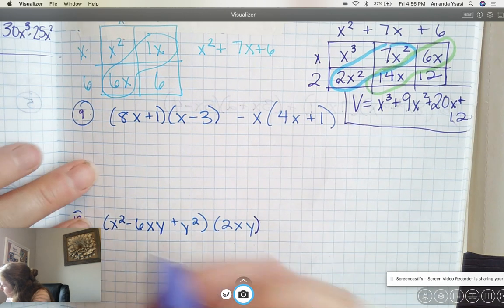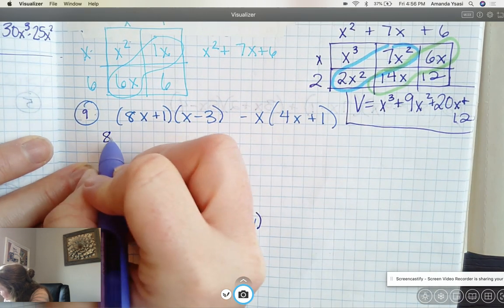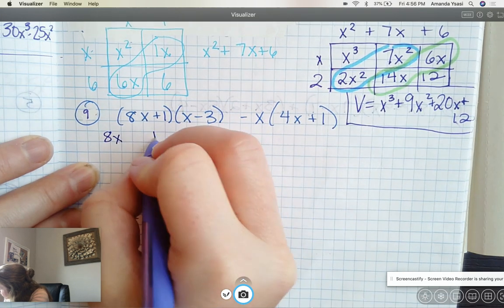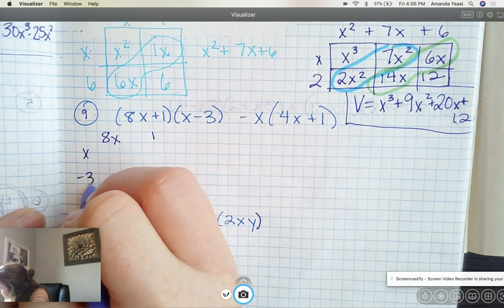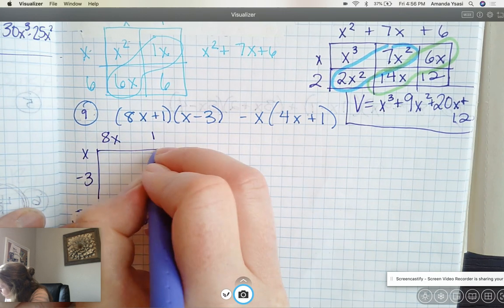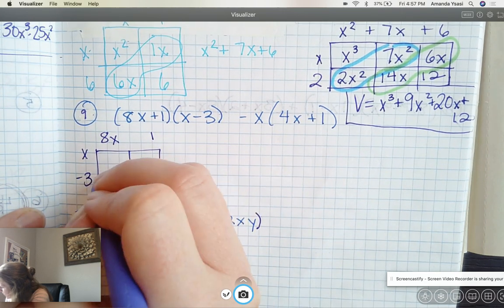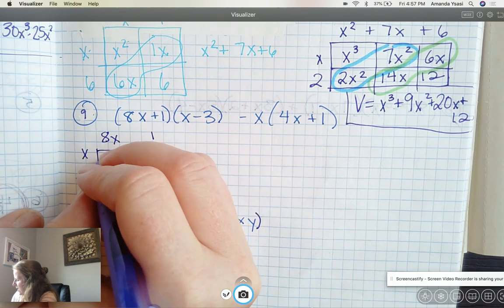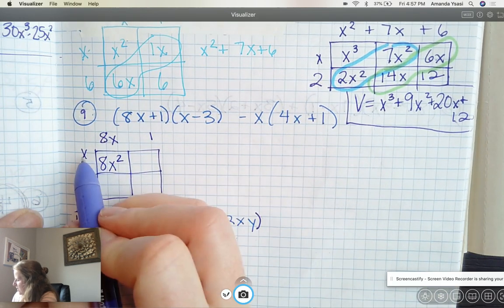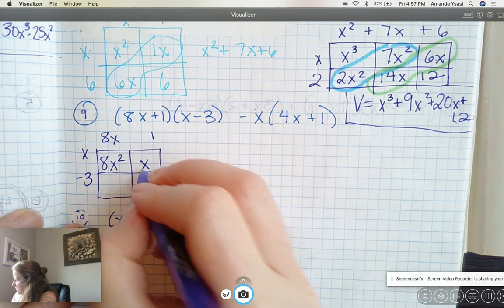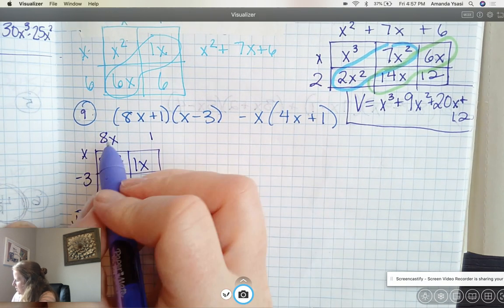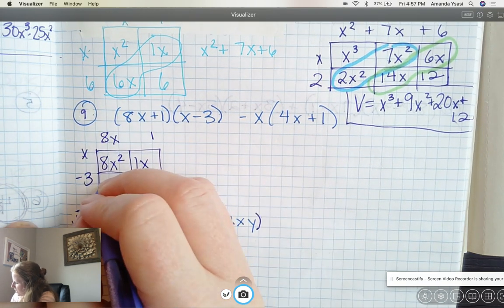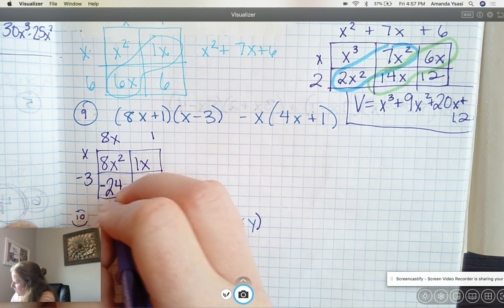Okay, so on this one, the first thing we want to do is 8x plus 1 and x minus 3. Doesn't matter what order you do it, remember, you'll still come out with the same solution. 8x times x is 8x squared. X times 1 is x, or 1x. 8 times a negative 3 is a negative 24x.